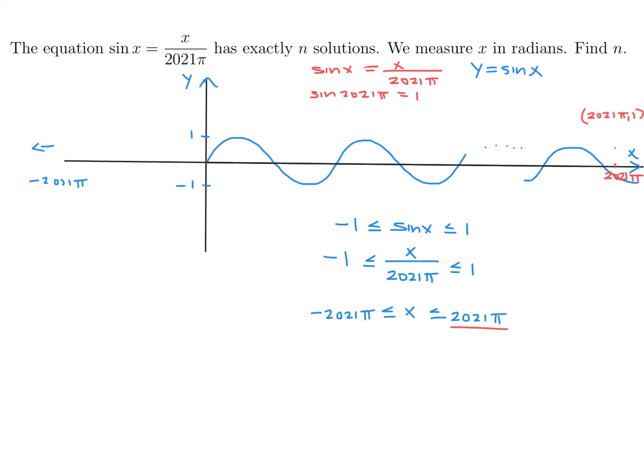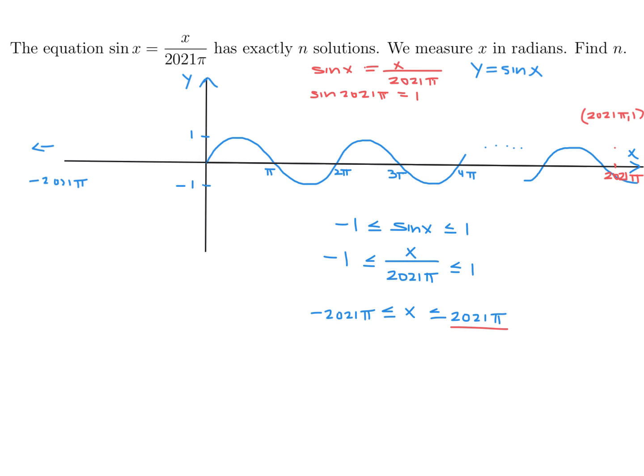Well, you can do this sort of manually for the first few and get a pattern. We know that the basic sine graph, this is pi, this is 2 pi, this is 3 pi, and this is 4 pi, and so on. So let's see what happens. If you were to draw a line, you would eventually see that it crosses the graph only in the first quadrant, right?